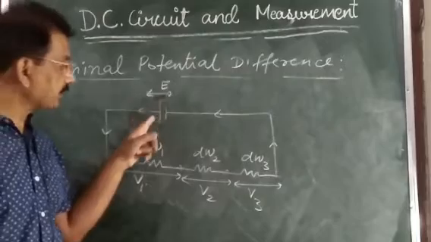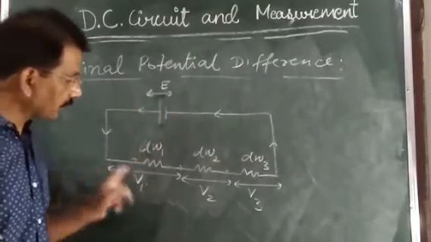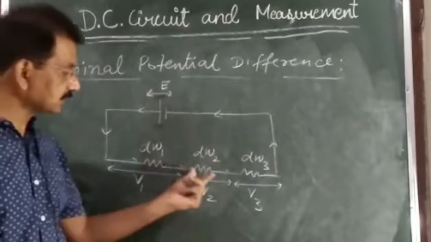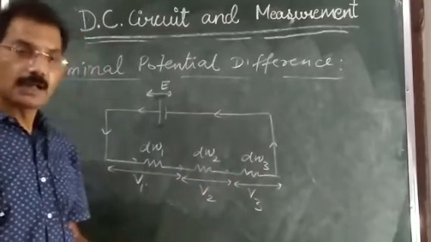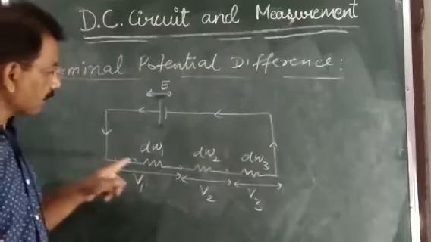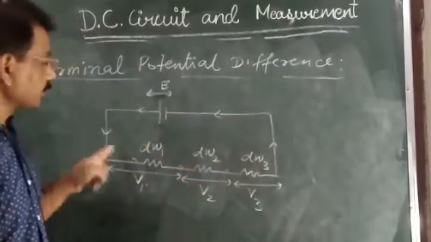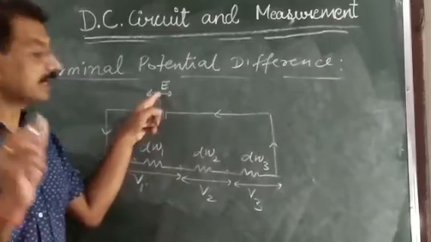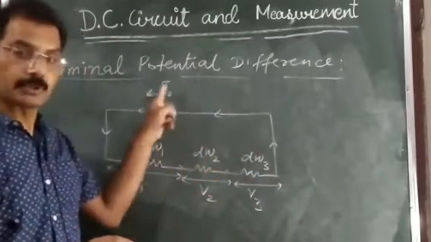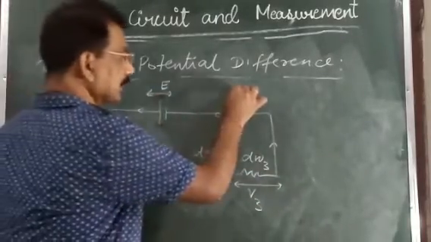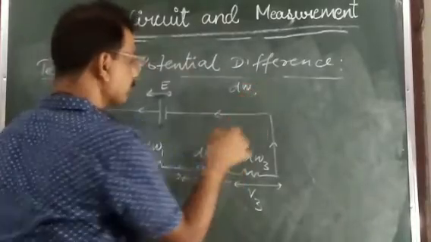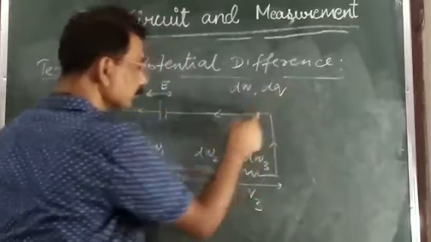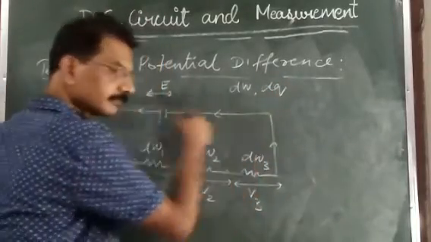So suppose any cell of EMF E is connected to a circuit, and in this circuit suppose there are three resistors: first one, second one, third one. And this cell is maintaining a continuous flow of charge dq throughout the circuit. It means the cell maintains a steady current in this circuit. Suppose dW is the work done by the cell to maintain a charge dq throughout the circuit.